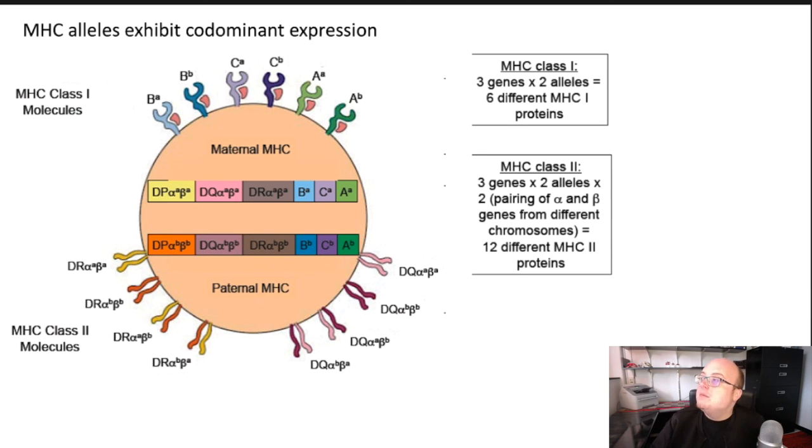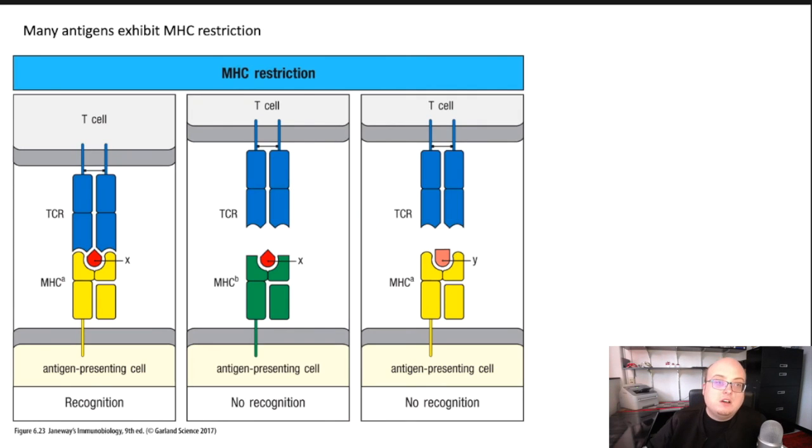Okay. Another idea here that I keep saying is that not all possible versions of MHC can bind to all different types of antigens. And this idea is what we call MHC restriction. So, like I said, sometimes you just have a shape mismatch. You have a peptide antigen that has a certain shape, in which normally it could be loaded onto MHC just fine, but for whatever reason, the version of MHC that you have is just the wrong shape.